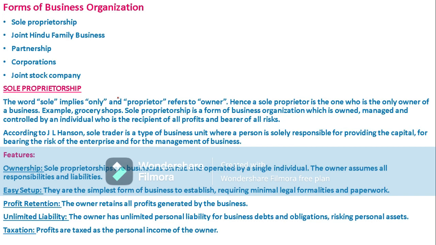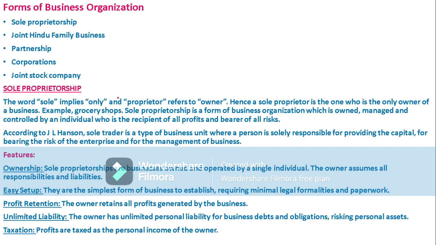Okay, so sole proprietorship refers to a form of business organization which is owned, managed, and controlled by an individual.